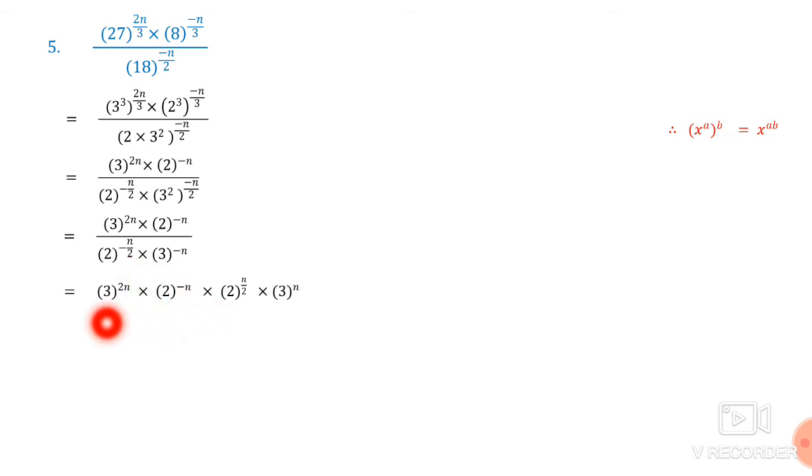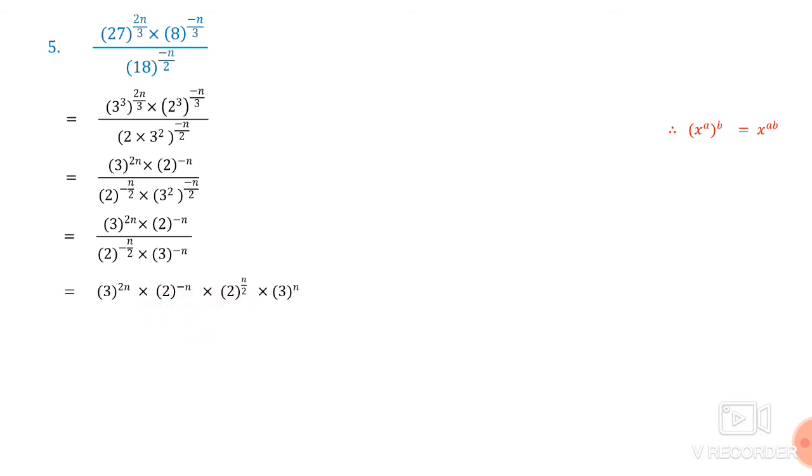Now we have 3 exponent 2n, 2 exponent minus n, 2 exponent minus n upon 2, and 3 exponent minus n, where these two terms which have negative exponent now have positive exponent. Here we can see that these two are like terms because they have the same base, and these two are like terms because they have the same base.